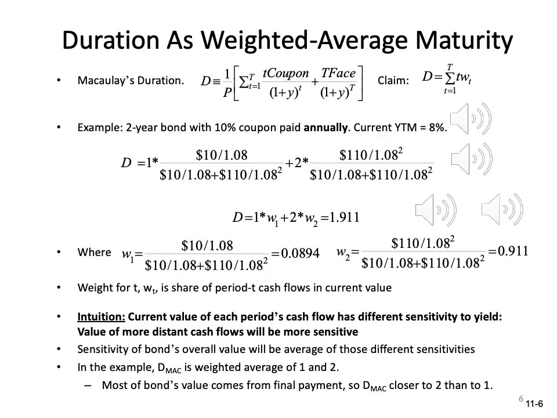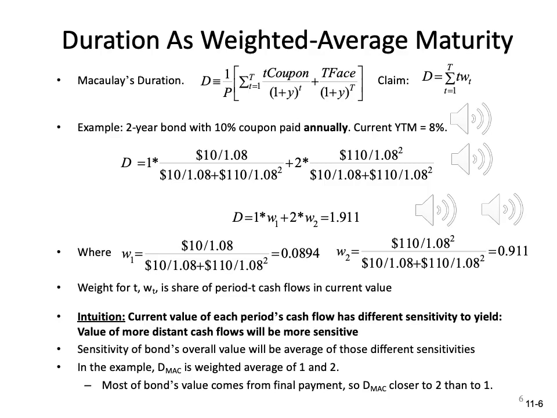The sensitivity of the bond's overall value will be the average of those different sensitivities. But if you look at the weight, the biggest weight always comes from the final payment, because in the final payment, you are going to receive the face value payment.